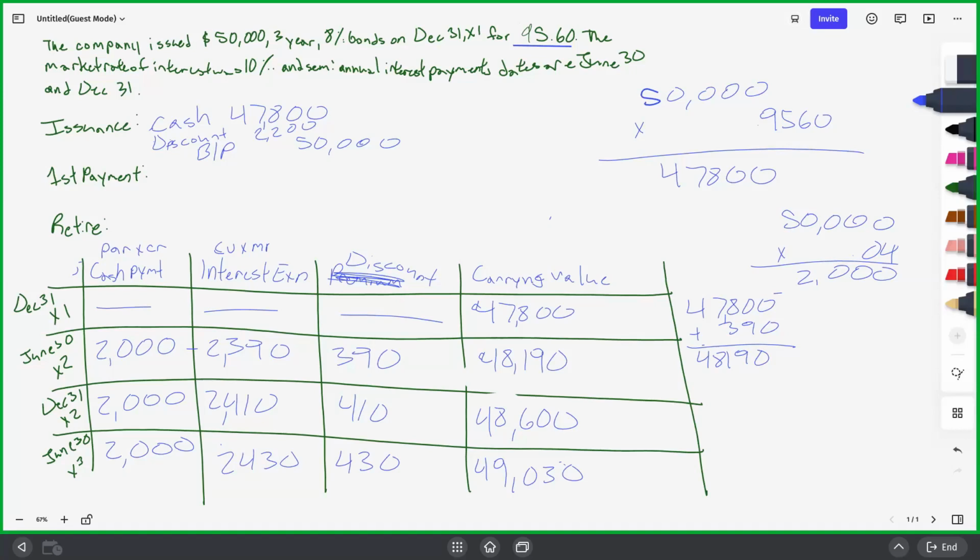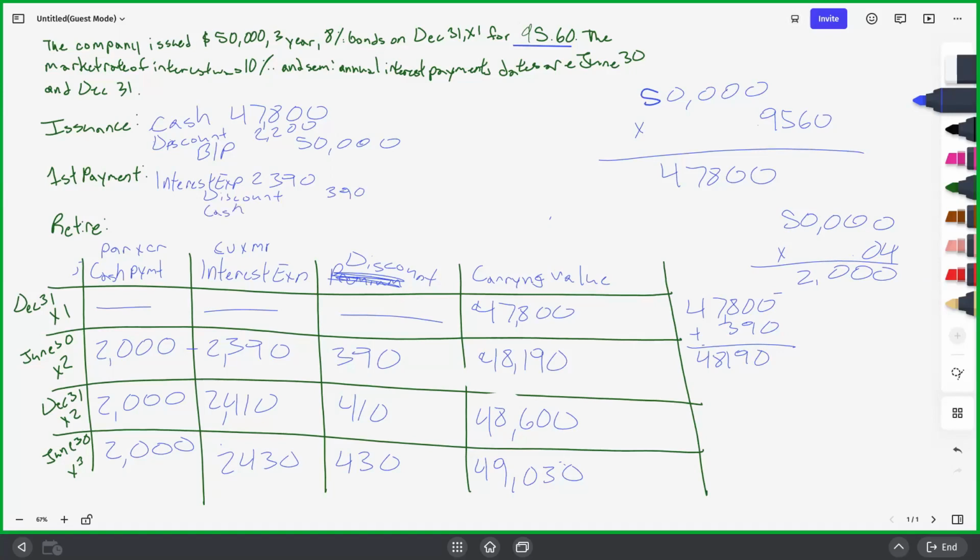Got it? All right. Now to do our first payment, what's the journal entry for this guy? Interest expense, 2,390. Perfect. Then discount, credit or debit? Credit 390. And this could be cash.